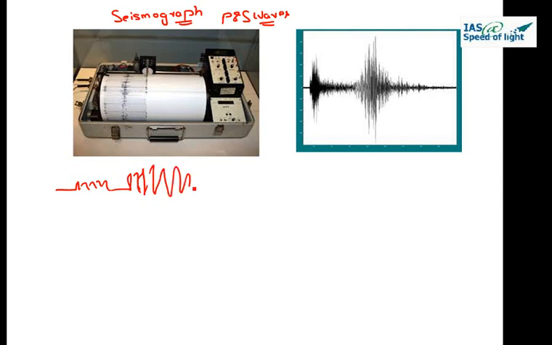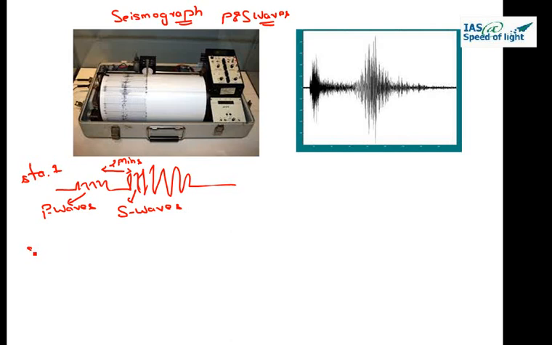So this is how a seismograph will sense the waves. The first one will be the P waves because these are the faster waves. We know that. And then second, these will be the secondary waves. Now suppose there are two stations. There is station 1 which got the difference between these P and S waves as 2 minutes.